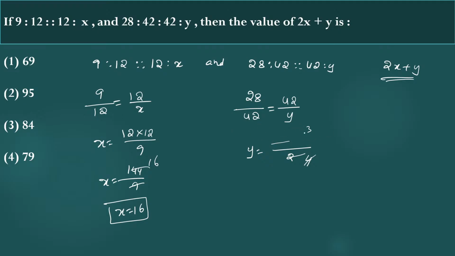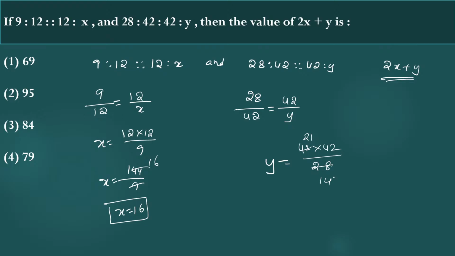Once again, see here. So y is equal to 42 into 42 by 28. We can cancel with the help of the 2 table also, 2 ones, 2 fours, 2 21s.